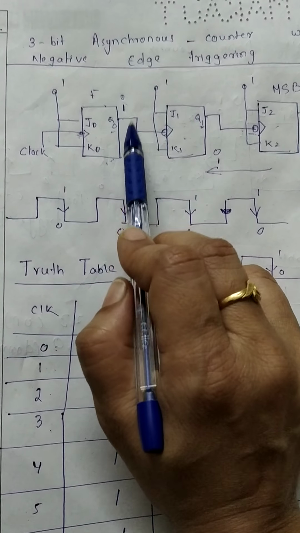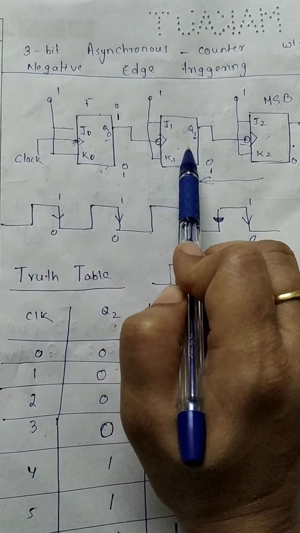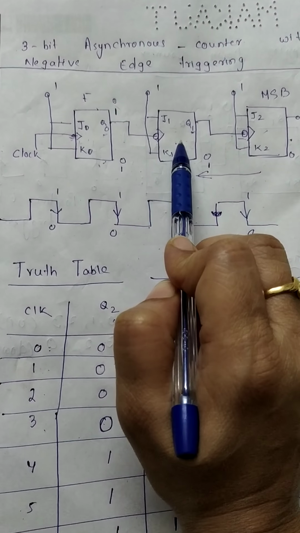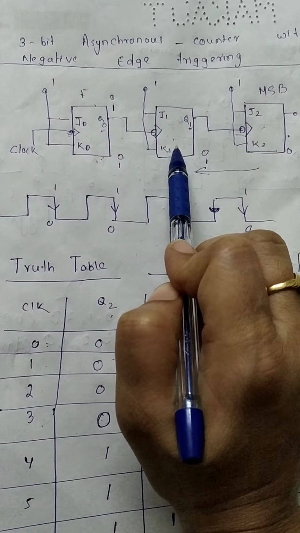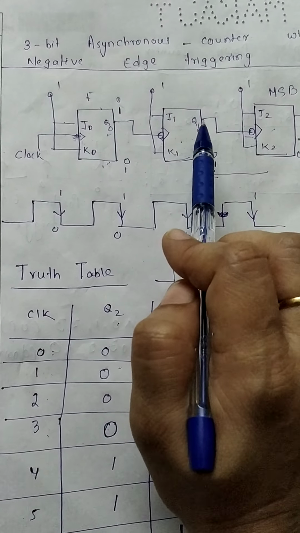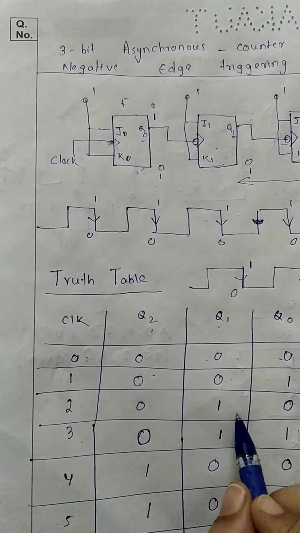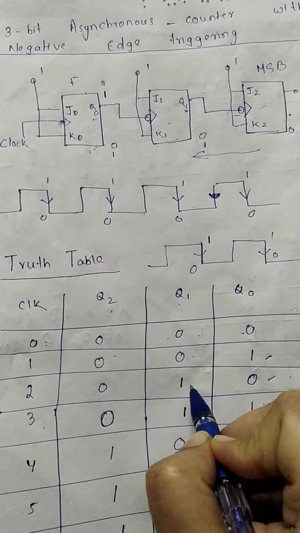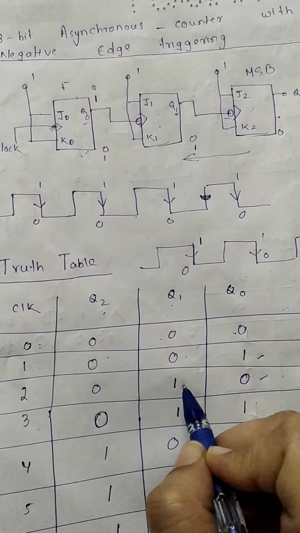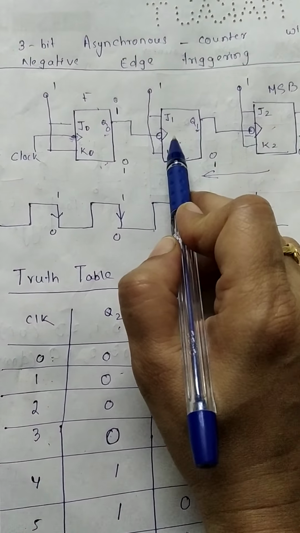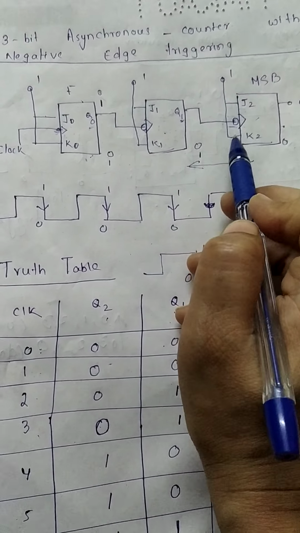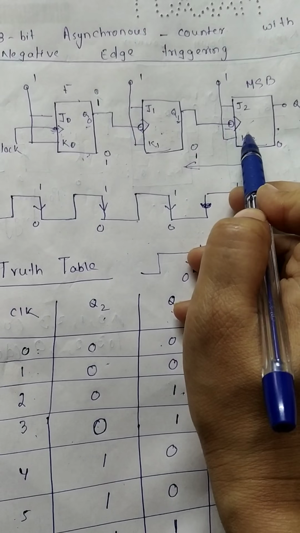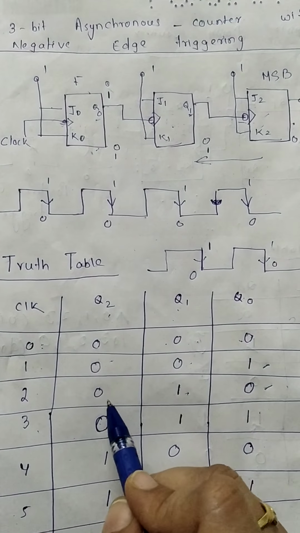So 1 to 0 means the clock pulse will be fed here, and this will also change its state from 0 to 1. So I will give here 0 to 1. And if this one is 0 to 1, then what about this? It should go from 1 to 0. So there will be no change here. So the value is 0.